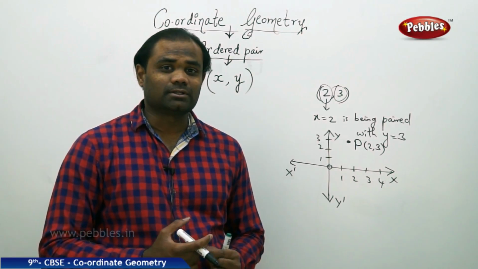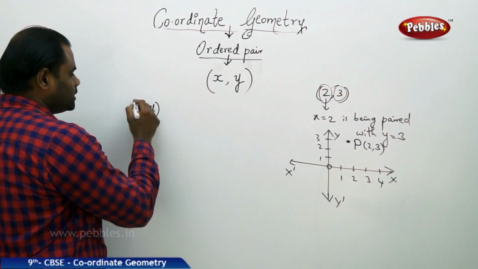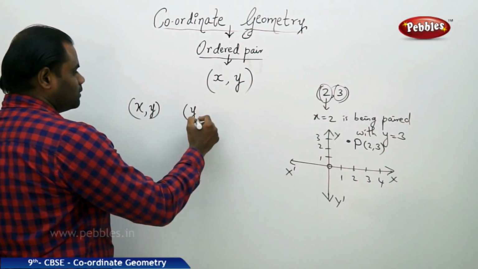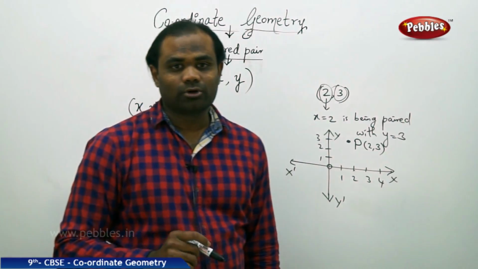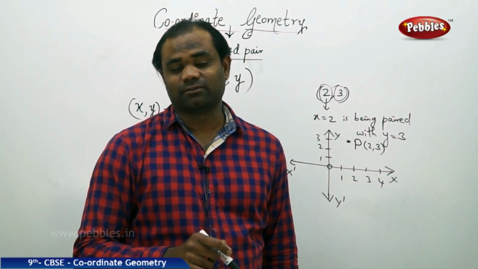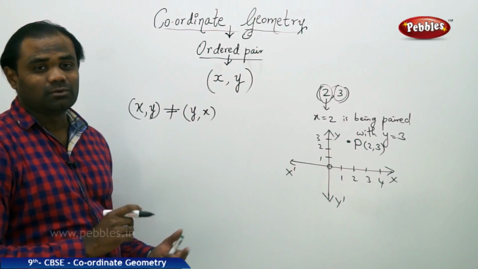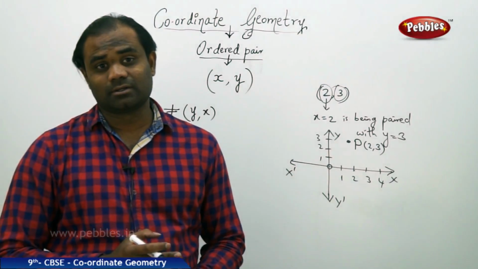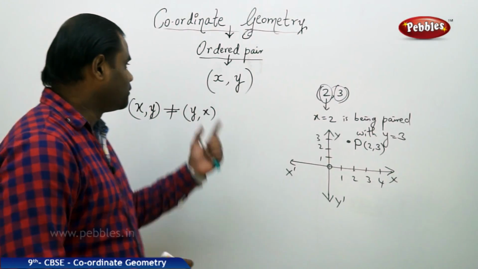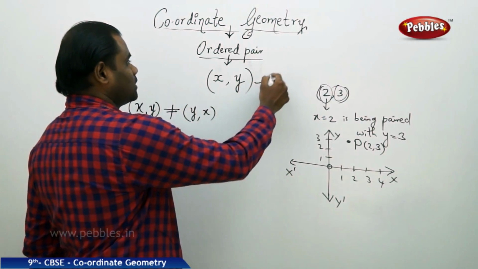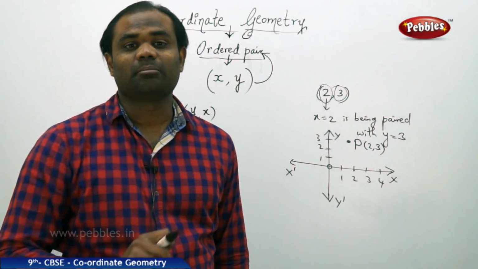It is very important that when you take the coordinates x and y in a pair, the reversed order will never be equal. An important note to be made in the branch of mathematics. The pair (x, y) will never be equal to the pair (y, x) because they maintain an order, and hence every point (x, y) in the xy coordinate system or the Cartesian plane is called an ordered pair.